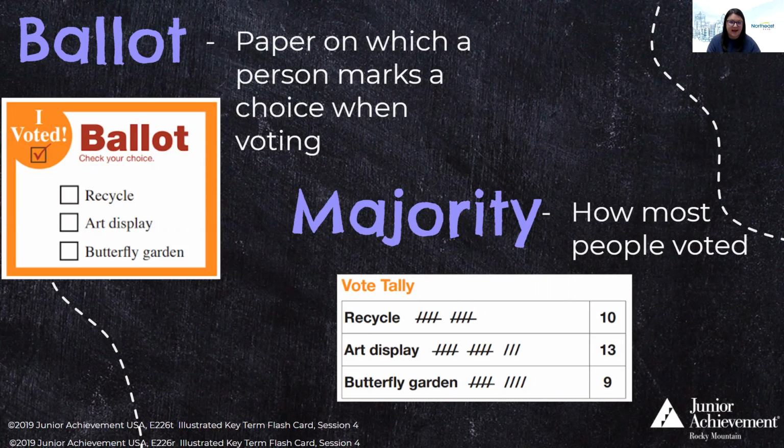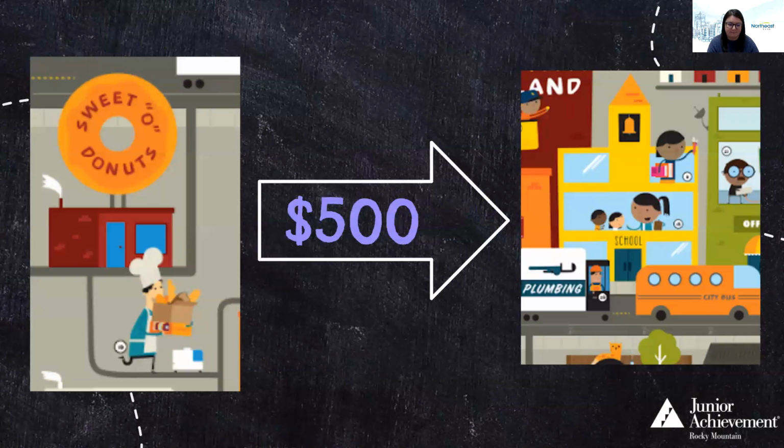So let's set up a voting scenario. I have some great news. The donut shop has decided to donate $500 to the school in our community, and we all need to vote on what to do with the money.